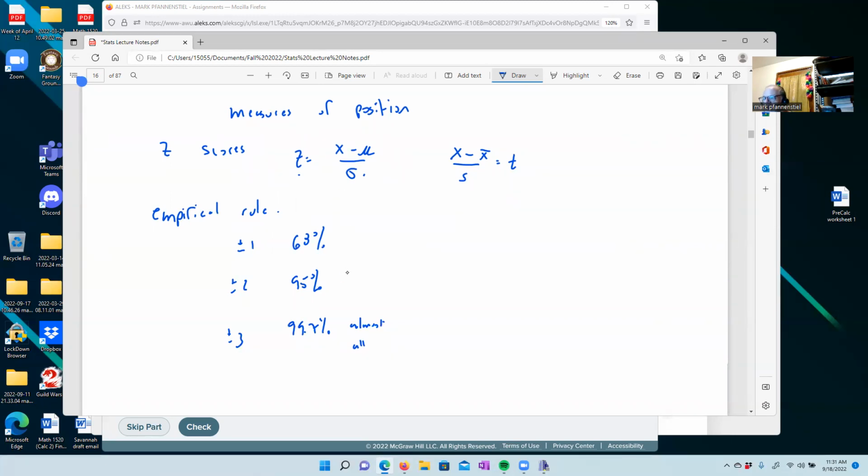The other thing to consider is that the empirical rule only applies to bell-shaped data. You can think of it like Christmas cookie cutters, if you make Christmas cookies. They want the bell. This terminology was done in the 18th century, so the 1700s.